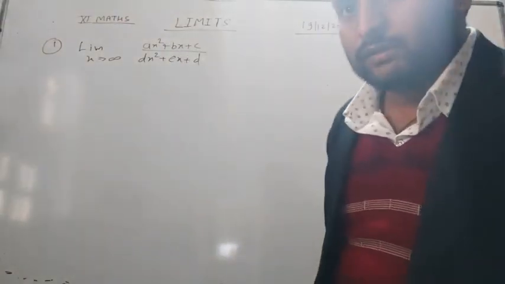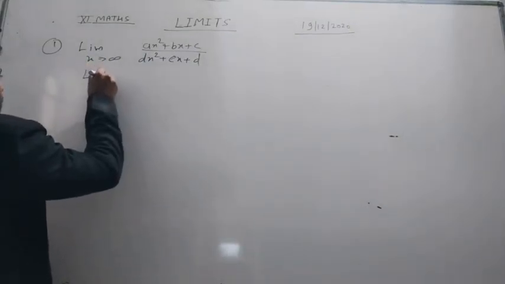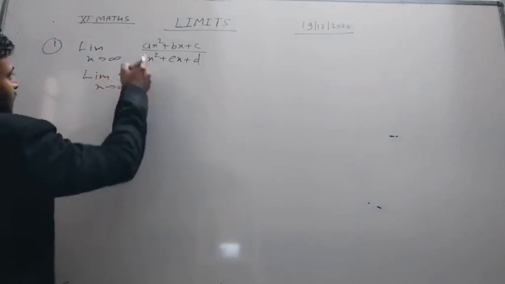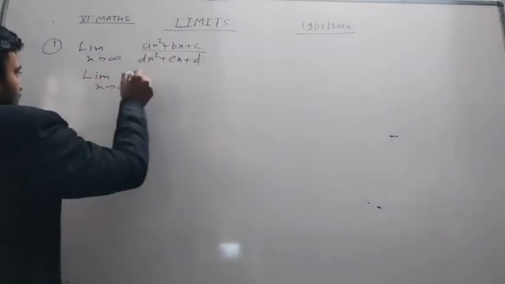Okay, so for solving such type of limit, we first take the common factor from x. We take the maximum power common. So limit x tends to infinity, the maximum power of x is x square.